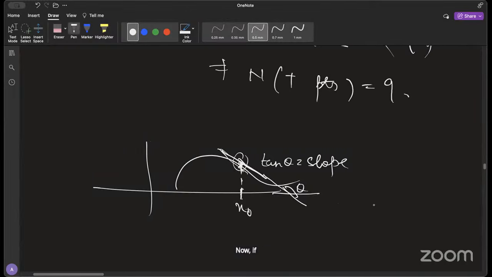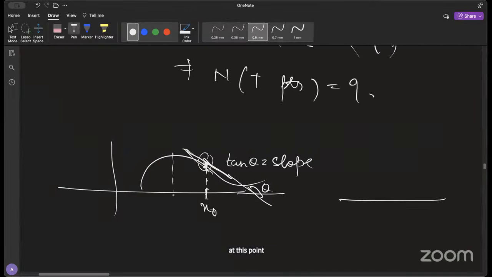Now if you're doing it at this point x1, then the tangent would be this straight line which is parallel to the x-axis. So the angle between this line and the x-axis is actually 0, so tan theta will be 0.